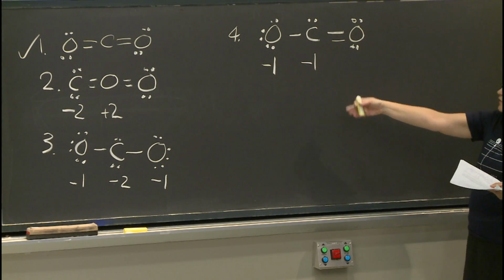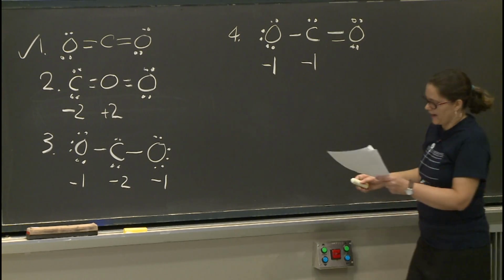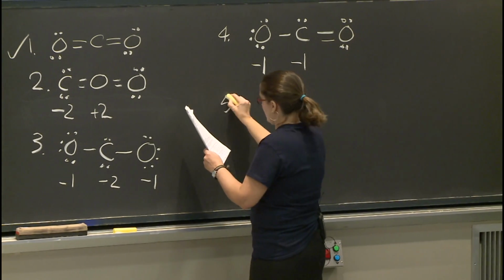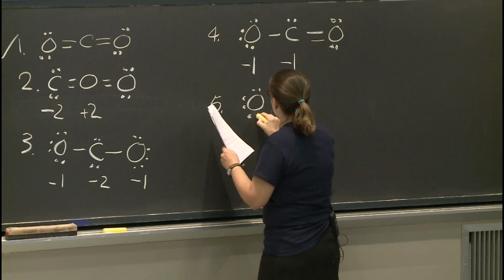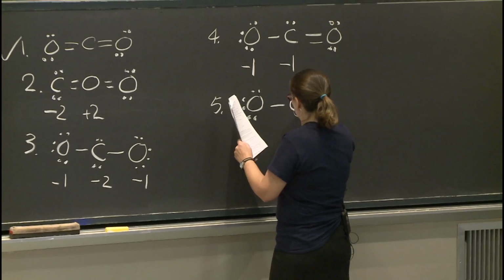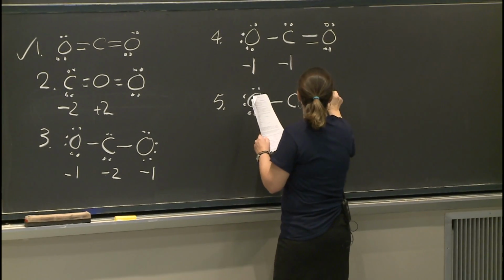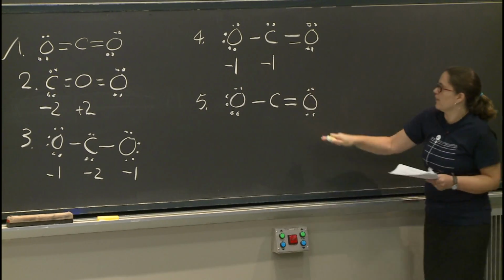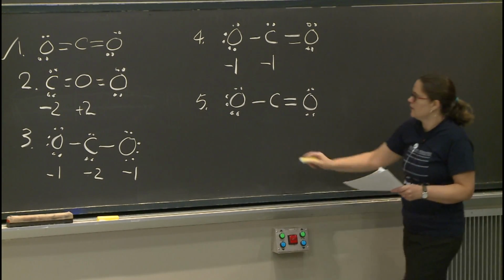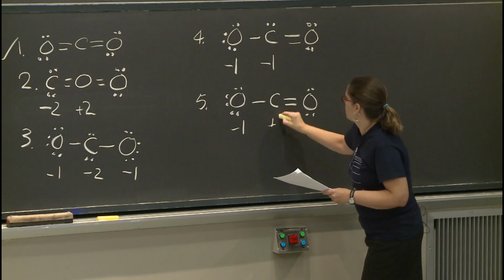It has the wrong number of valence electrons. So that's bad. And then the last one, we have an oxygen with 6 lone pair electrons, a carbon with 3 bonds, no lone pair electrons, and an oxygen with 2 double bonds, 2 lone pair electrons, -1, +1.